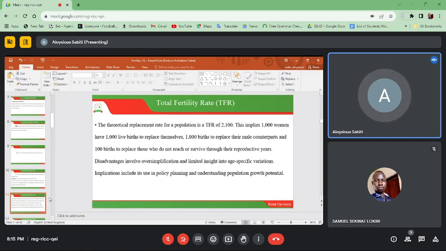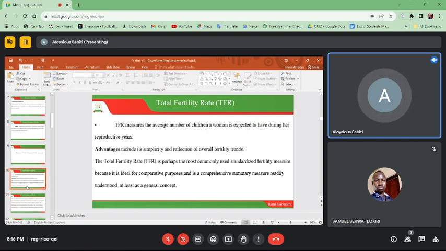So every woman of reproductive age is expected to have at least two children if there is to be replacement. The advantage of using the total fertility rate is also that it is simple and reflects the overall fertility rate.